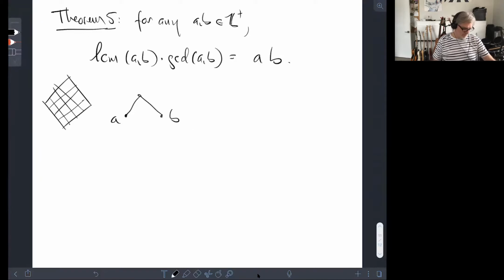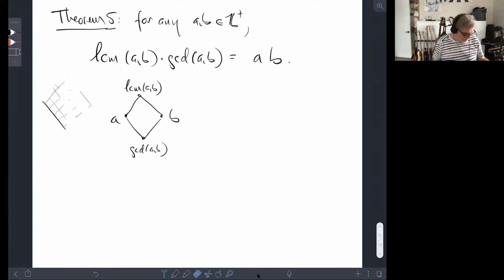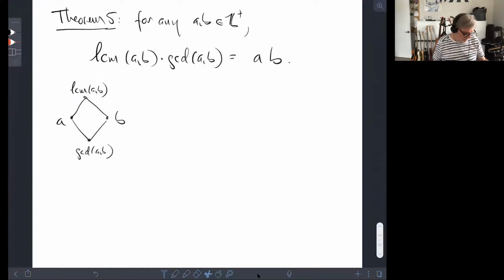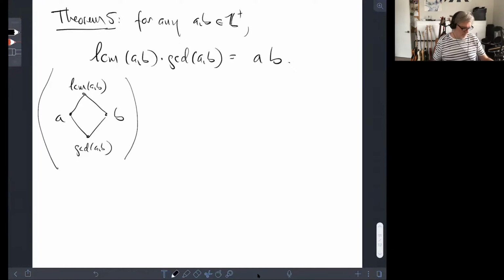A and B, both of them divide the LCM, and both of them are divided by the GCD. So I sort of see it like that. And what it says is that if you multiply both ends of this square, you get the same thing, right? So you multiply top and bottom, or you multiply left and right, and you will get the same thing. Let's just erase that. Okay. I mean, that's sort of irrelevant here, just a picture.